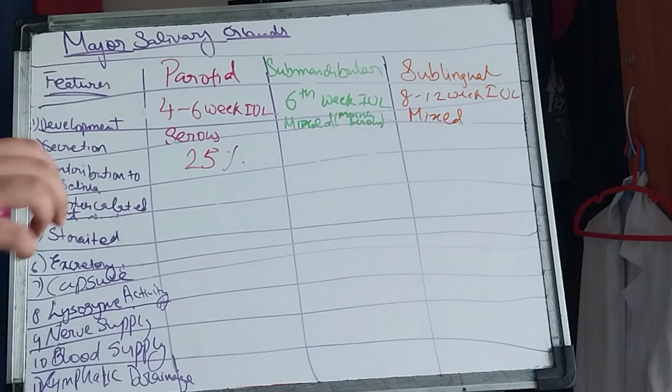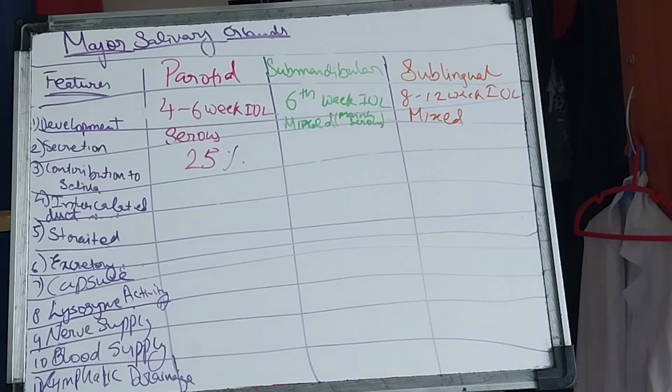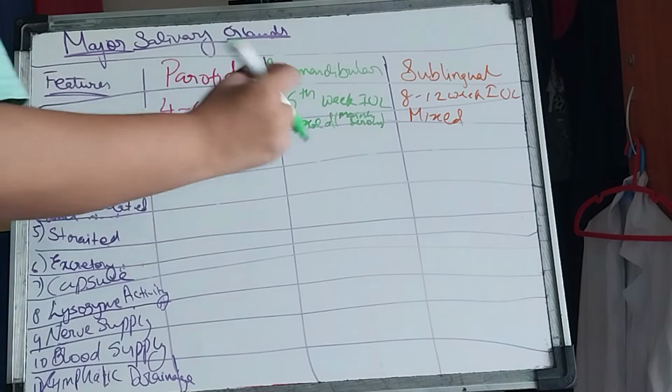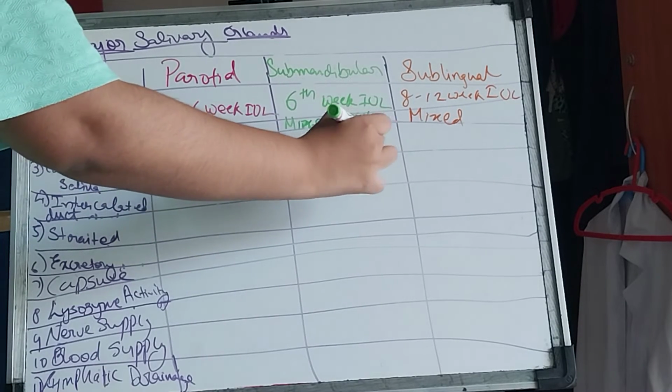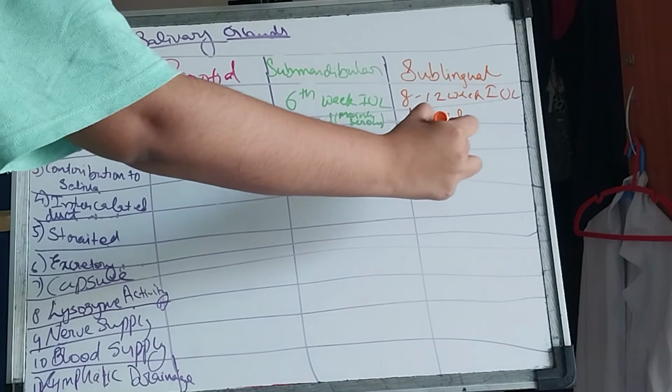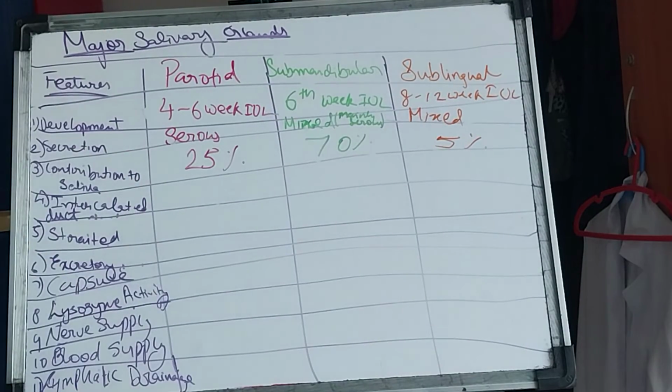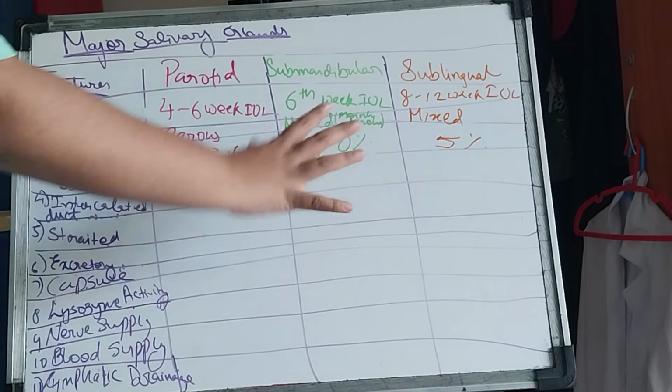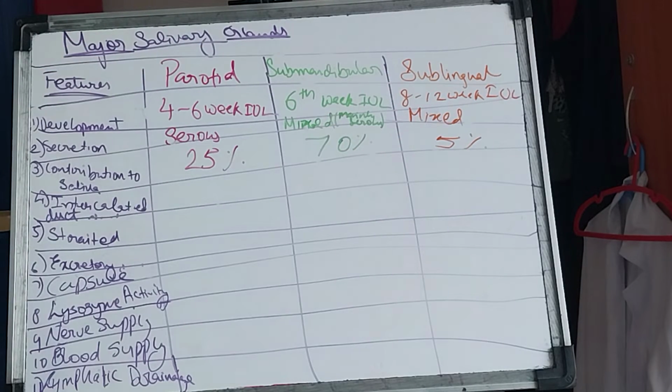Another 70%, so mainly the submandibular, secretes 70% of saliva, and the rest 5% by the sublingual. So as you can see, submandibular secretes the most amount of saliva.